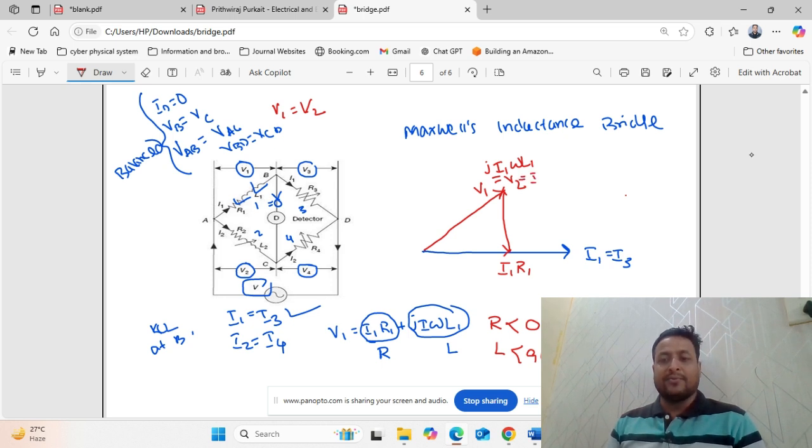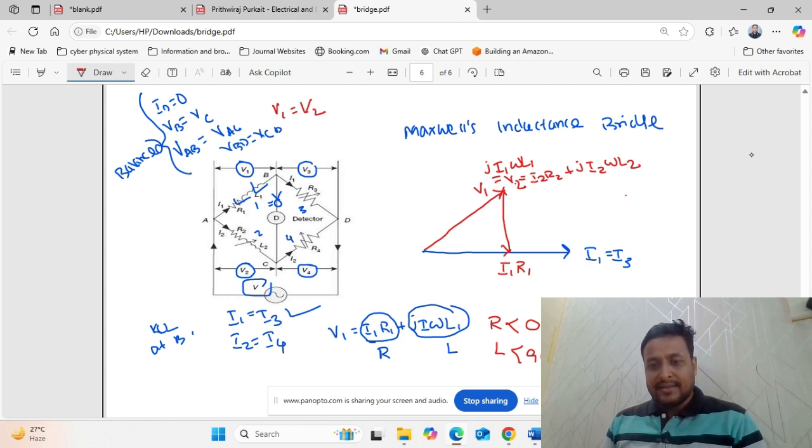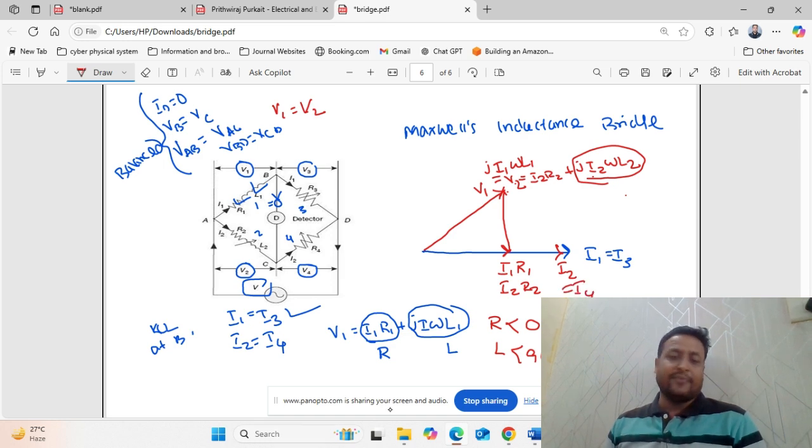V2 is equal to I2 into R2 plus j I2 omega L2. So if V1 is equal to V2, this is my I2 into R2 plus j I2 omega L2. This will be a line for I2, and this is the line for I4.